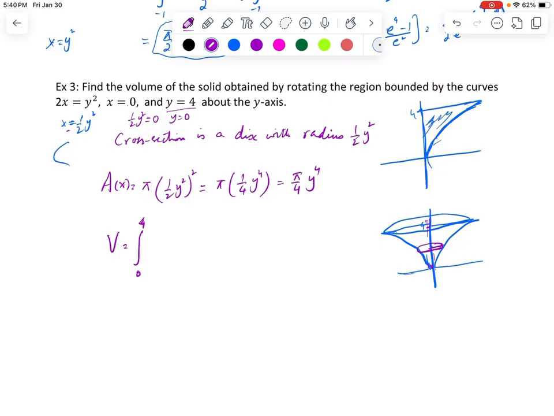So 0 to 4 of pi over 4 y to the 4 dy. Okay, so this becomes pi over 20 y to the 5, from 0 to 4.